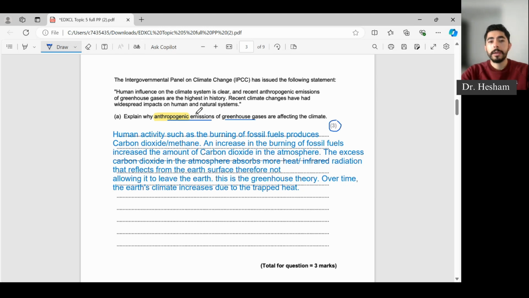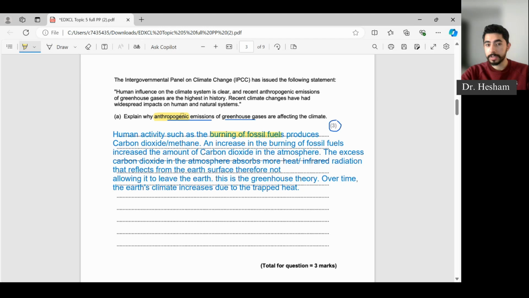So we have to mention one cause of anthropogenic emissions. So I mentioned the burning of fossil fuels. What does it do? It produces greenhouse gases. So you have to mention a greenhouse gas.